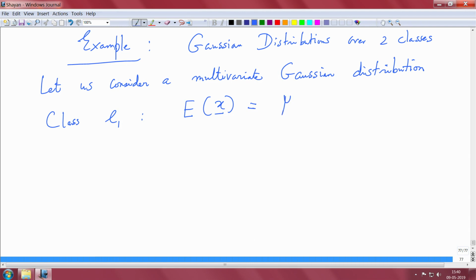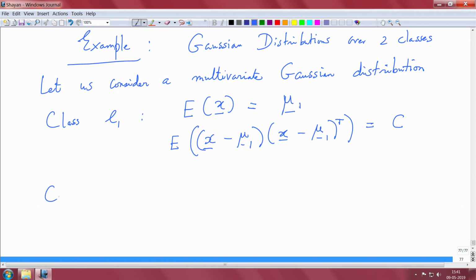The mean is mu 1, it is a vector, and the covariance is a matrix which is the expectation of x minus mu 1 times x minus mu 1 transpose. For the purposes of simplification we assume that the covariance matrices are the same, C. You can have C1 and C2, that is a more general version, but in our example let us make the covariance matrices the same.